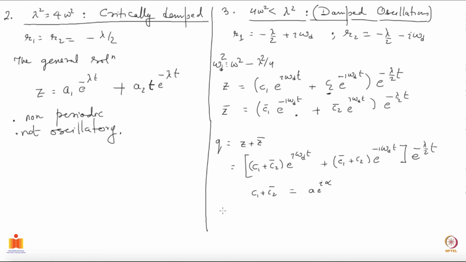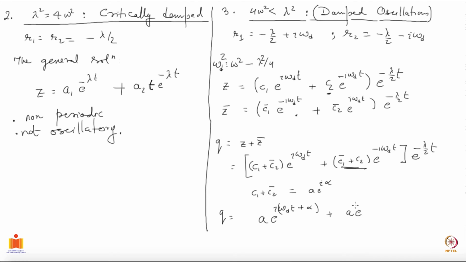And then my q becomes e to the i omega d t plus alpha, and you have a here, plus this is just the complex conjugate of this, which means for this piece you'll get a e to the minus i alpha.